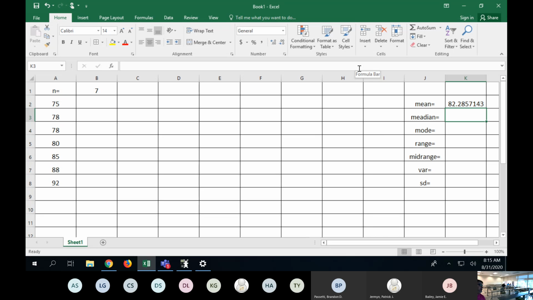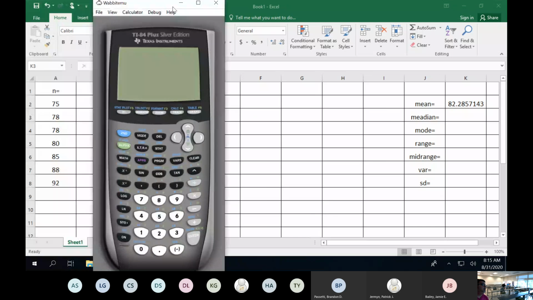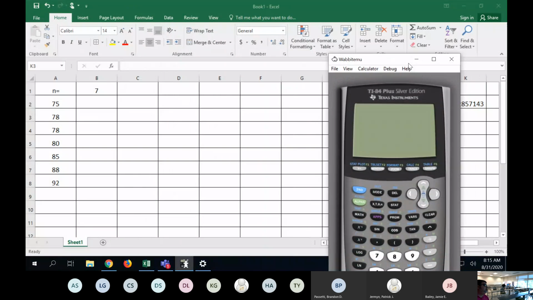So you might want to go into, let's see, I don't know what y'all have at home. But you want to hit the configuration, the mode, there we go.